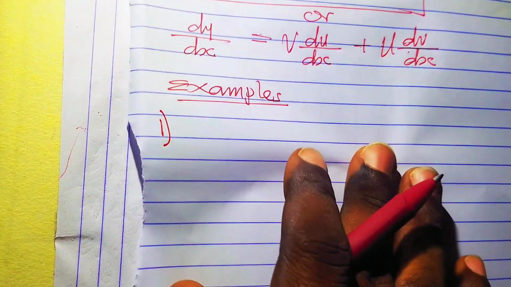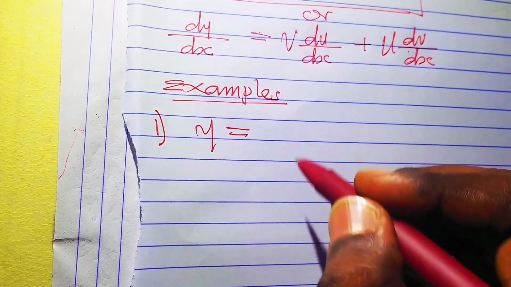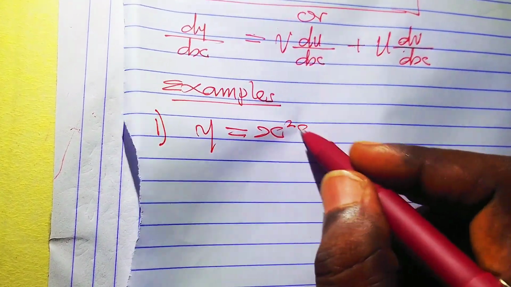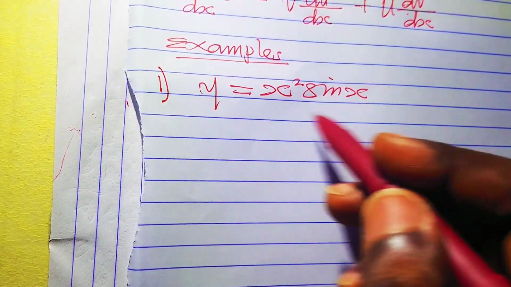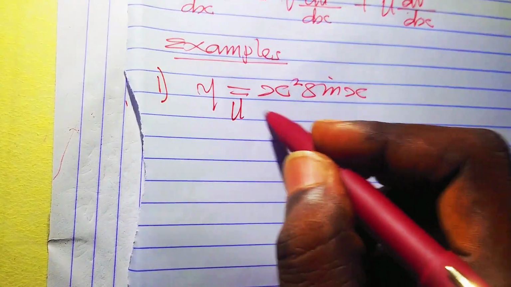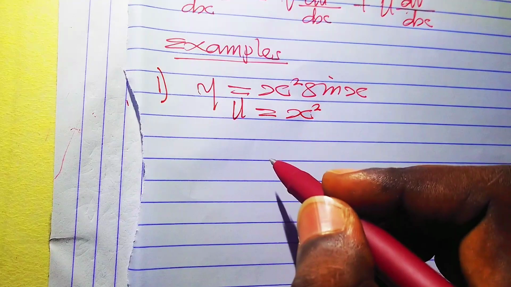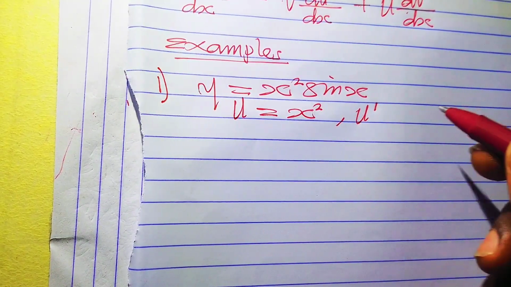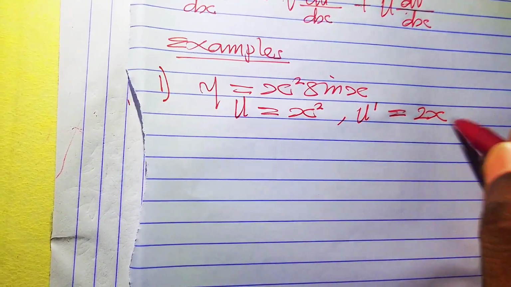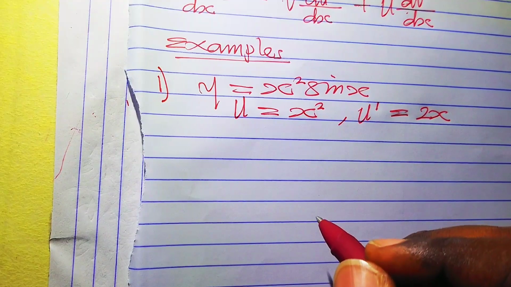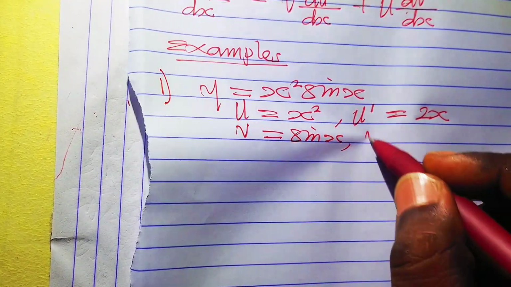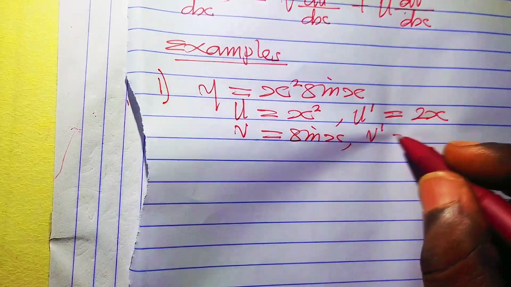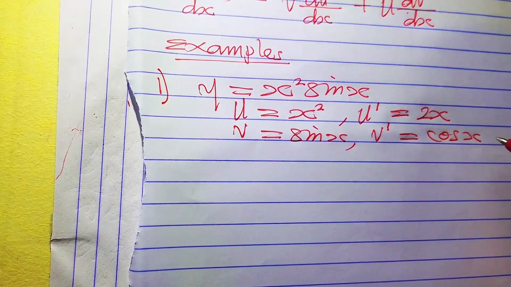Number one, if y equals x squared sine x, we have to differentiate y with respect to x. Let's say u equals x squared, then u prime is equal to 2x, that is differentiating u. Then if v equals sine x, then v prime is going to be equal to cos x.